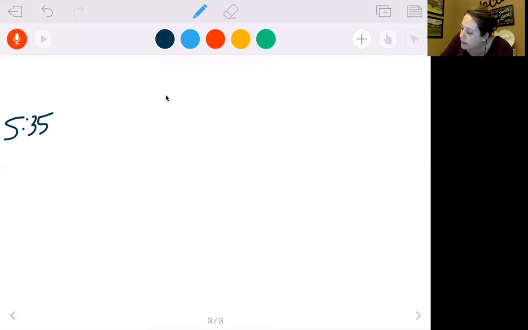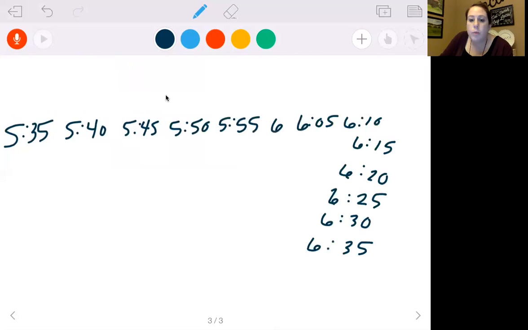6:05, 6:10, 6:15, 6:20, 6:25, 6:30. Where do they end? 6:35. Okay, so we ended at 6:35. She jogged for 40 minutes. So let's go backwards to figure out what time she started.